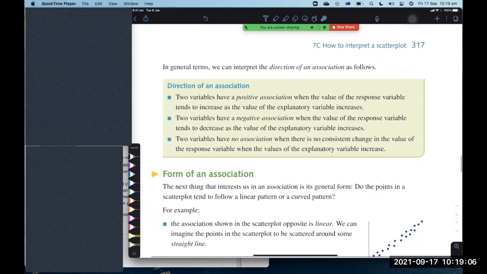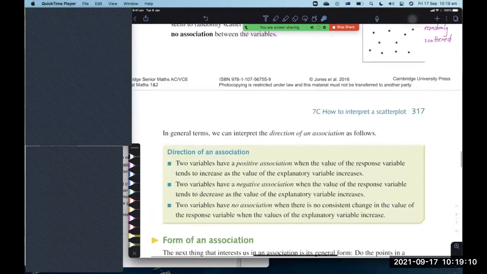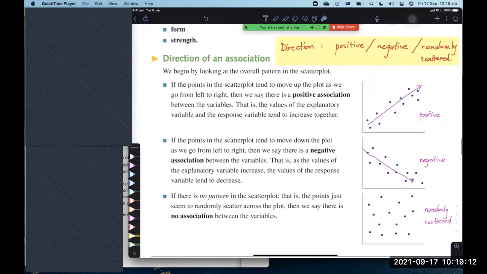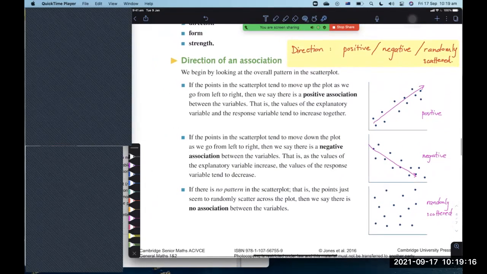So direction of an association, okay? We say three things. Now they said no association instead of randomly scattered. I think you should put that in instead. Sorry, I'm just going to make a readjustment here.